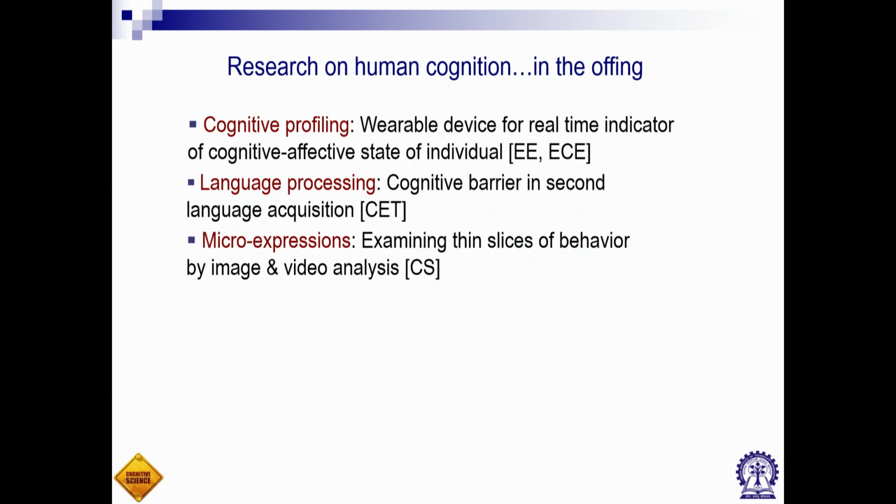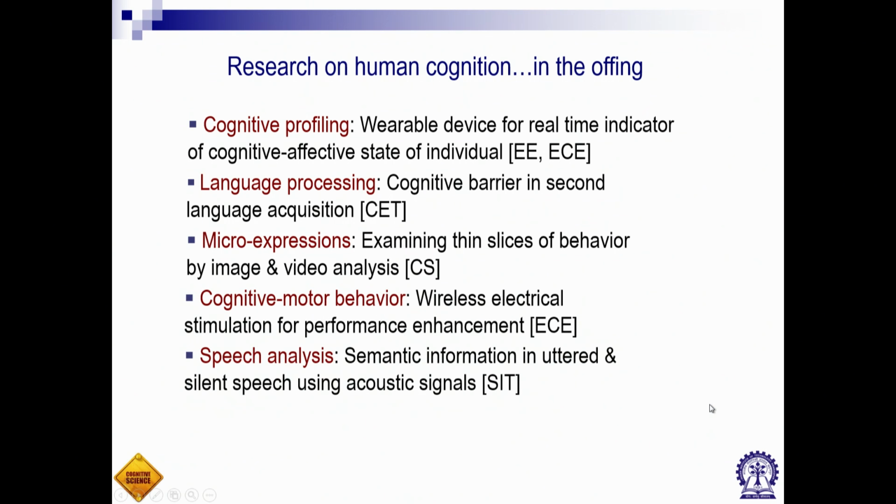Those who are from this institute may know that some efforts are going on. I can tell you who is doing what kind of research. Cognitive profiling research is going on in the electrical and ECE departments, and language processing is another area where we have been working in this institute. Micro expression work is also being done in the computer science department.